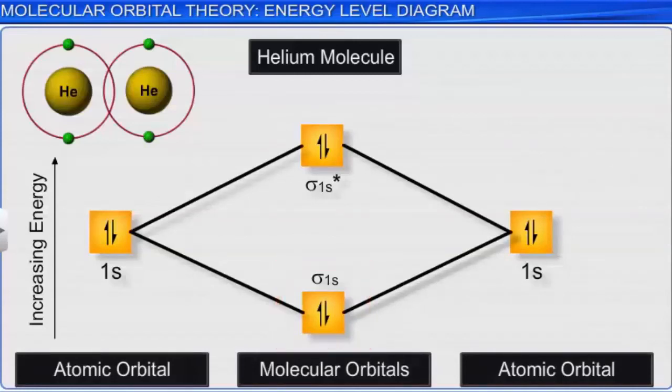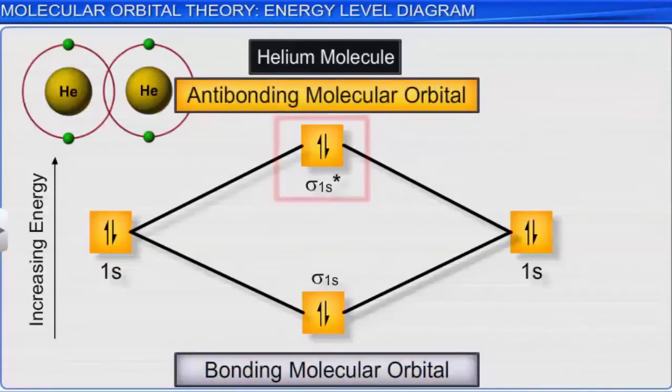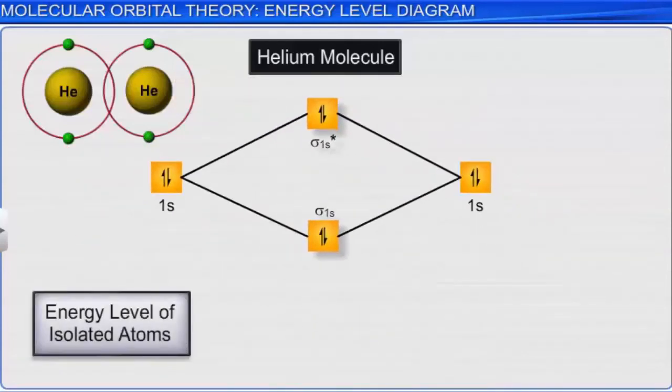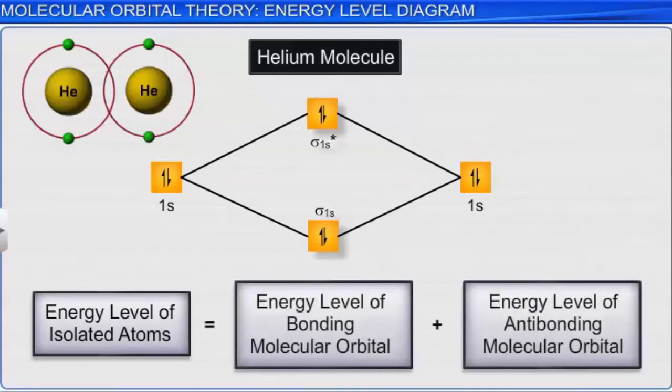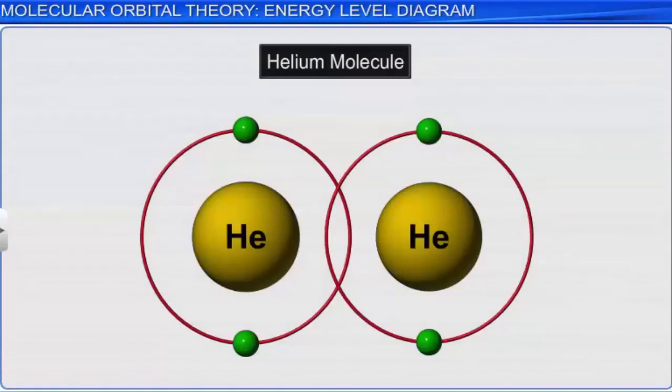The energy of the sigma bonding molecular orbital will be low. However, the energy of the sigma star antibonding molecular orbital will be considerably higher. Thus, the overall energy of a helium diatomic molecule will be the same as that of 2 helium atoms. So, there will be nothing holding them together. Hence, the helium diatomic molecule does not exist.